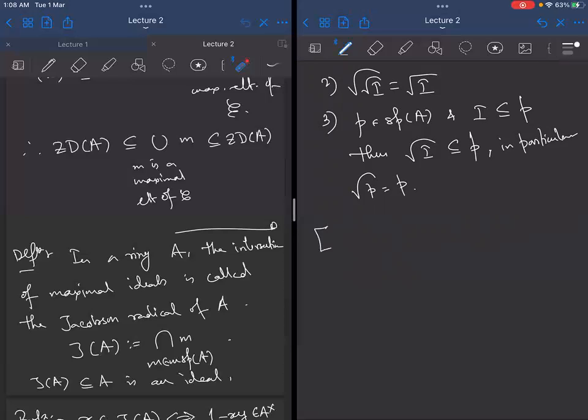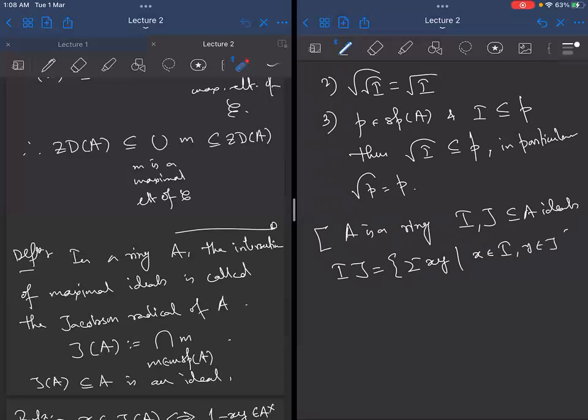Suppose A is a ring and I, J are ideals of A. Then define IJ to be the finite sum of elements of the form product of an element of I and an element of J. This is a finite sum.